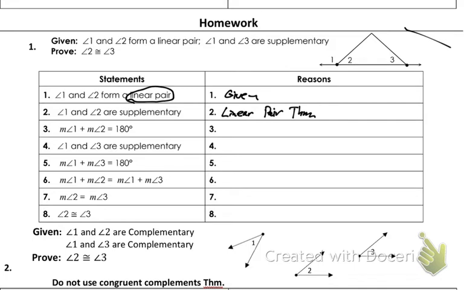And then, see the word supplementary? We look at the definition. Supplementary definition does say it equals 180, so this would be our definition of supplementary. So in fact, this was a series of unpacking. I had to unpack what linear pair equaled, which was that it could equal supplementary. Supplementary means it's 180.